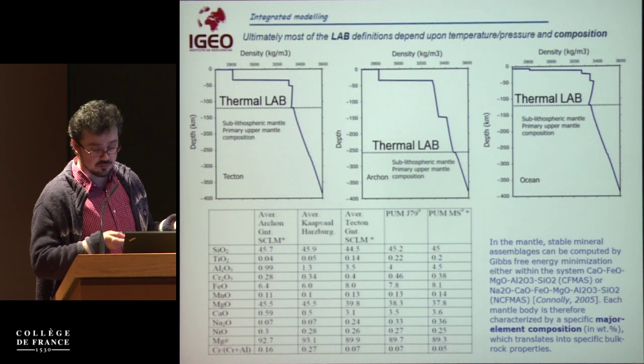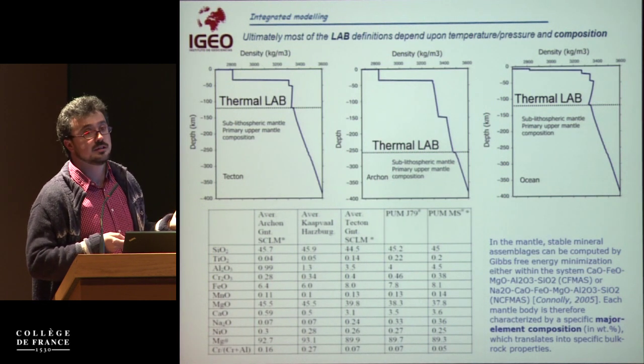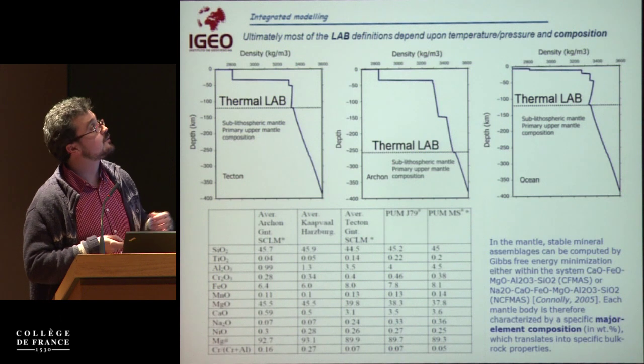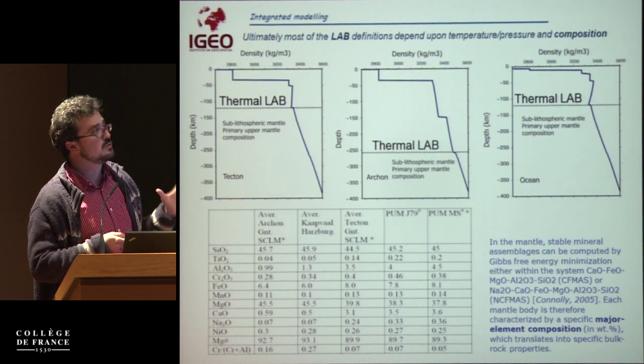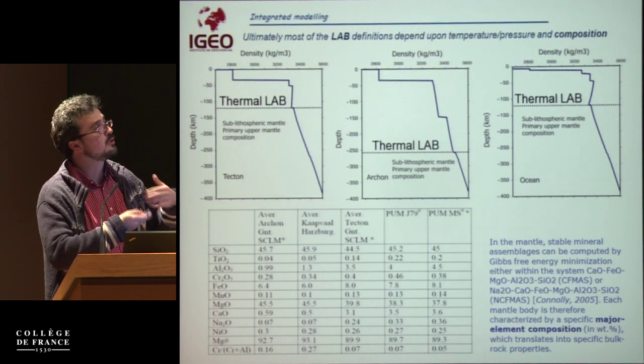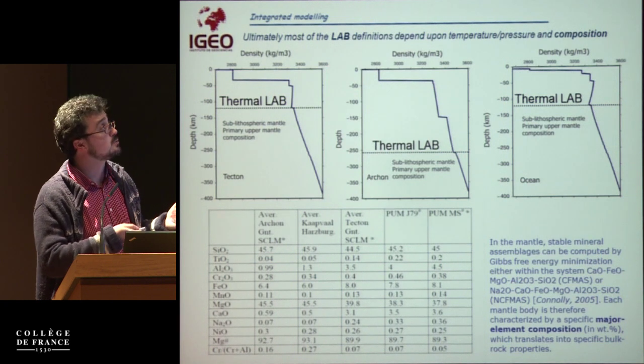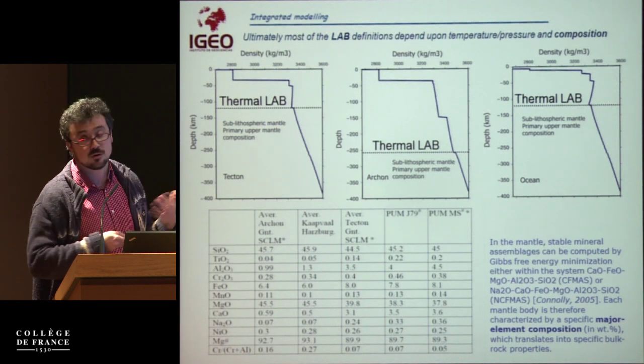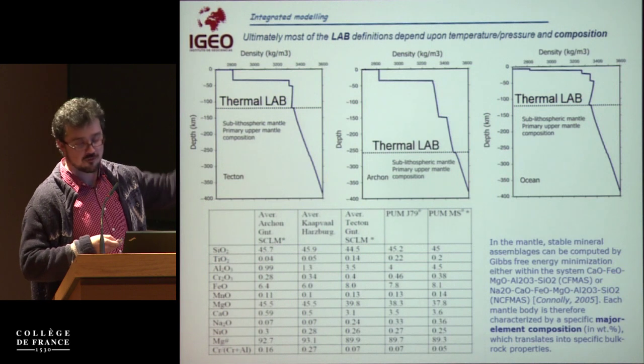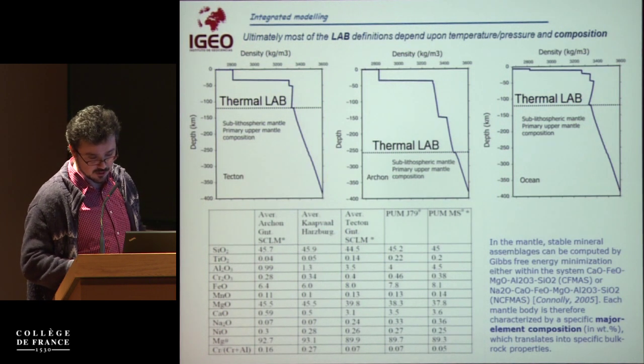It also gives you the possibility of defining the lithosphere chemically, in the sense that people tend to imagine the lithosphere as something more depleted in incompatible elements with respect to the fertile sublithospheric mantle. So you can have this compositional dimension also included.